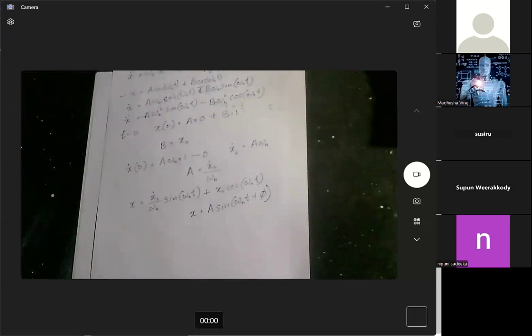Now what to do? Convert this one into this format. මොකද කරන්නේ? So you have addition of a sine function and a cos function. And we need to get one single sine function.